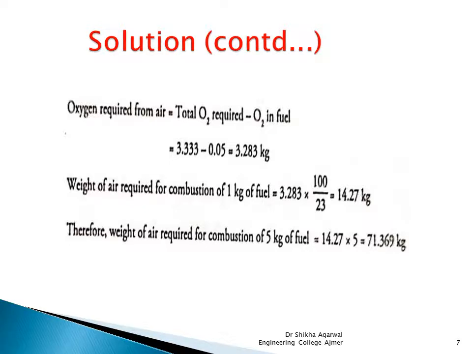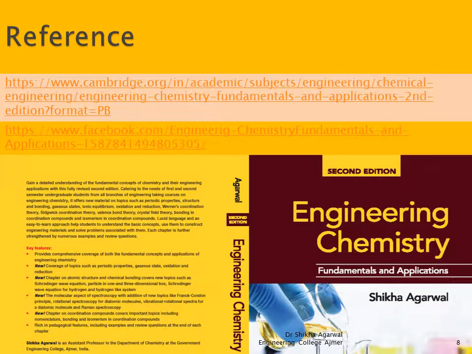So in this lecture I have dealt with only 2 questions. In the next lecture we will deal with questions of further complexity, where we will calculate the amount of air when excess air is supplied, and we will also calculate the percentage composition of dry flue gases by weight.